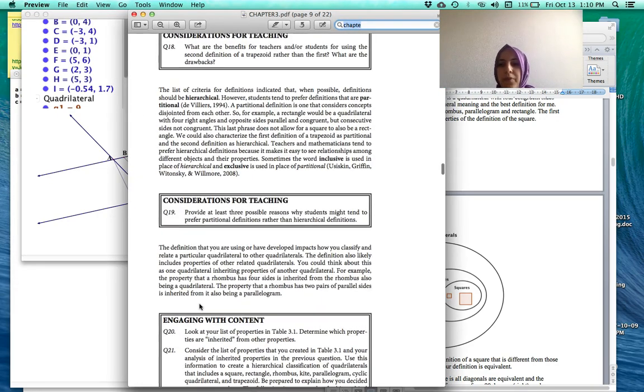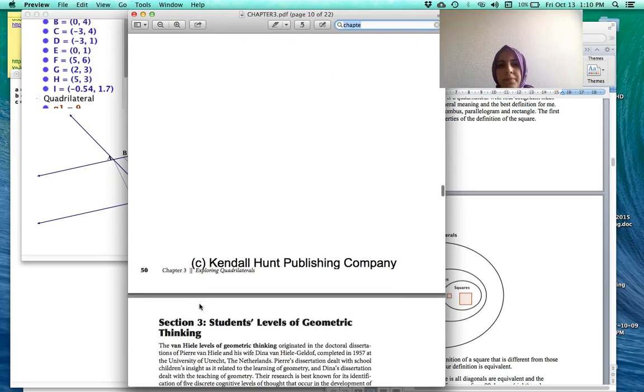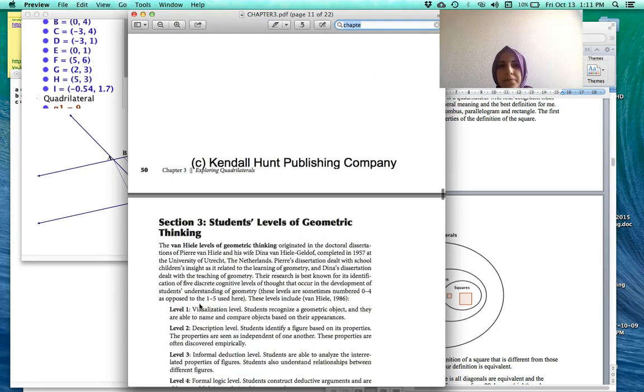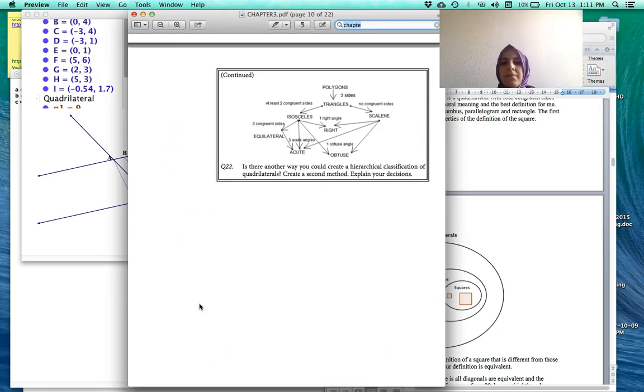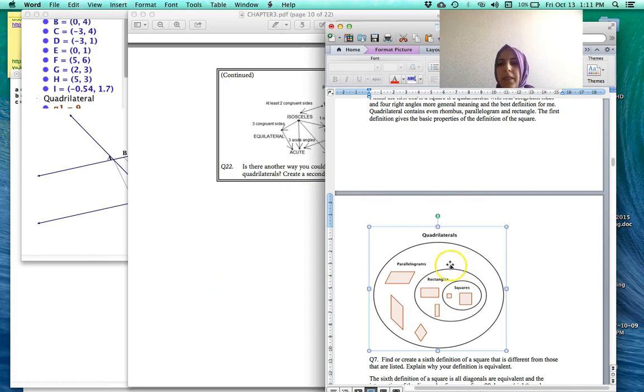Question 22. Is there another way to create a hierarchical classification of quadrilaterals? Create a second method. Explain your decision. Let's go to the other shape.